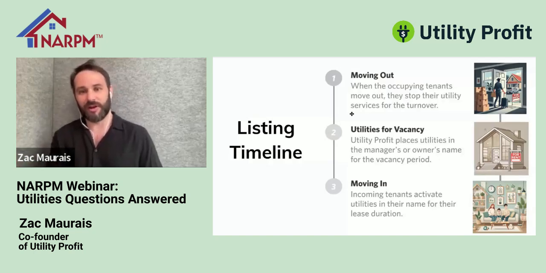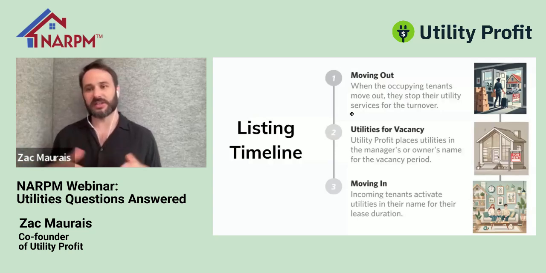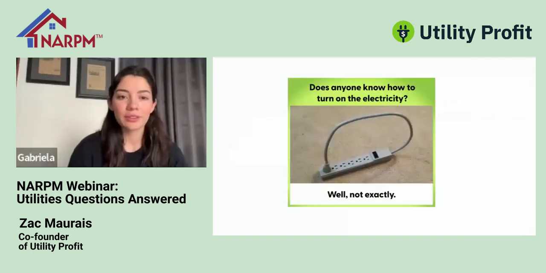And utility profit right now is mostly focused at the incoming tenants' utility service activations. And then long term, we're probably going to be looking at this entire utility process, doing things for that move out and vacancy period as well. To connect everything. Exactly. Nice.